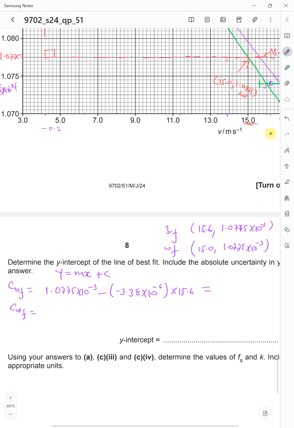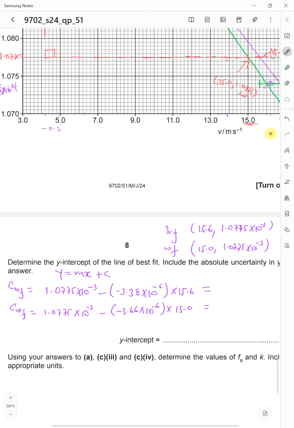The y value I'm taking is 1.0775 times 10 to the power of minus 3. Then minus the gradient, which is negative 3.66 times 10 to the power of minus 6, times the x value, which I'm taking as 15.0.